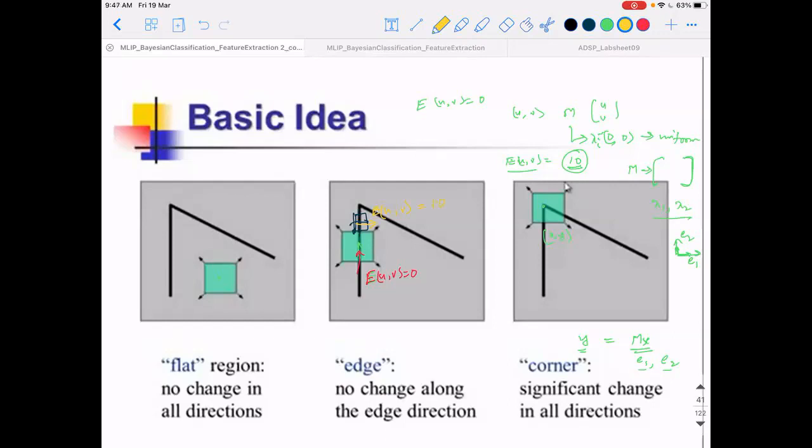In that case, if you consider E1 in this direction, E1 is the direction and the corresponding lambda 1 will be higher than lambda 2. Lambda 2 corresponds to the eigenvector E2.